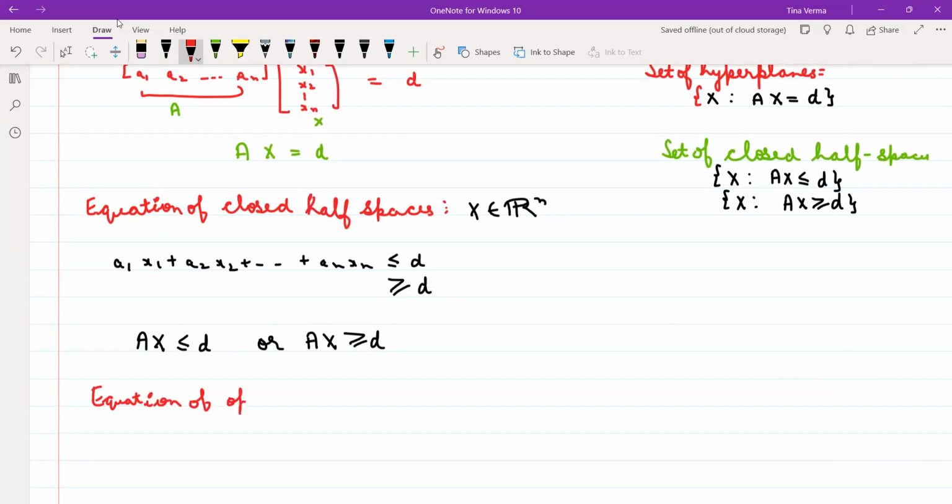Equation of open half spaces: you take x belonging to R^n, and n can be anything, 2-dimensional, 3, 4, whichever dimension you are in. If you write Ax strictly less than d, or Ax strictly greater than d, then this is your set of open half spaces.